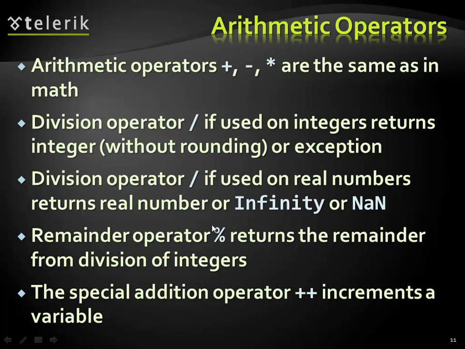If we have a division of numbers that has some kind of remainder, for example, if we divide 9 by 2, we'll get 4, and we have 1 as a remainder. That's also an arithmetic operation which is supported, and that's the percent. That's what the percent is doing. Like I mentioned, the plus plus is also a useful operator which takes a number and increments it to the next.